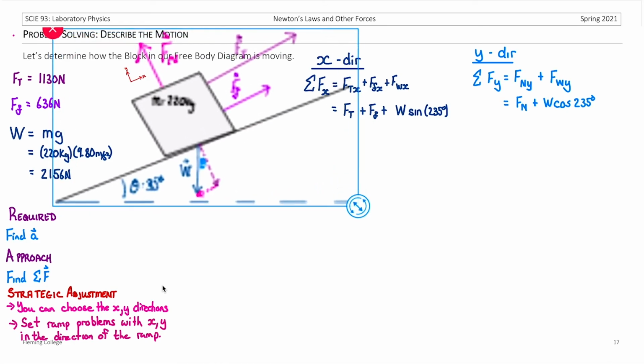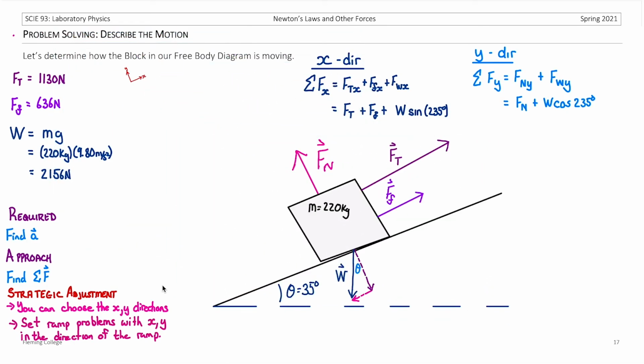Now we need to take a second and look at our diagram again. As we look at our x component, this refers to if the block is moving up or down along the ramp. The way most ramp problems work is that we assume the block is sitting on the ramp and does not leave it.